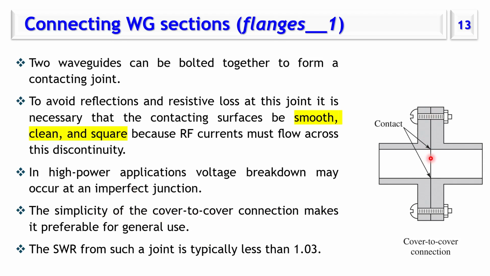So being accurate, clean and neat is necessary, especially if we are working with high power. For this kind of discontinuity, we would expect a very small standing wave ratio, around 1.03, a very small effect.